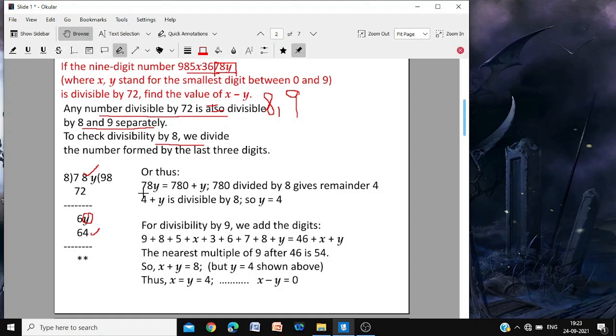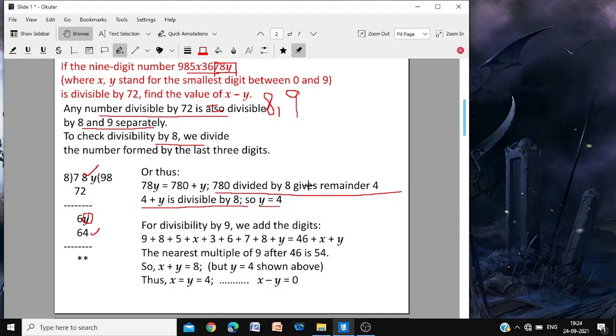Or you can also do it like this: 78Y is equal to 780 plus Y, Y being the units digit. 780 when divided by 8 gives remainder 4. So 4 plus Y should be divisible by 8.